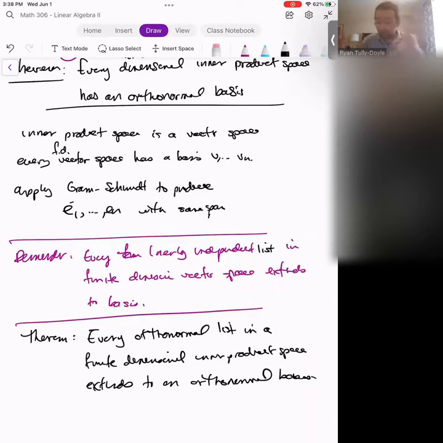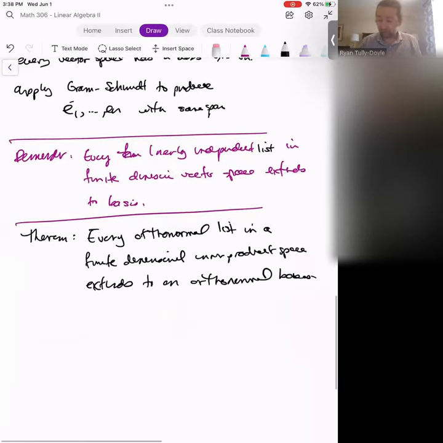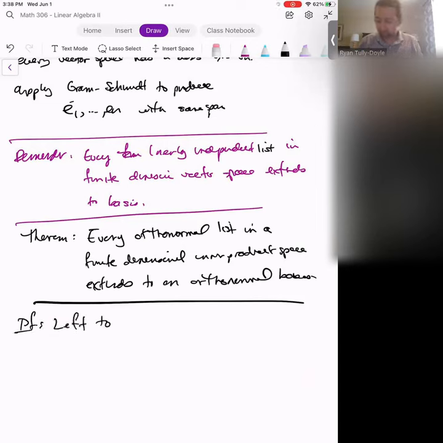And the same sort of logical game applies for this proof, which is, well, an orthonormal list is linearly independent. A linearly independent list can be extended to a basis, but that basis could be made orthonormal by applying the Gram-Schmidt process. That's basically how it goes. So the proof of this one, I'm going to say it's left to the reader.